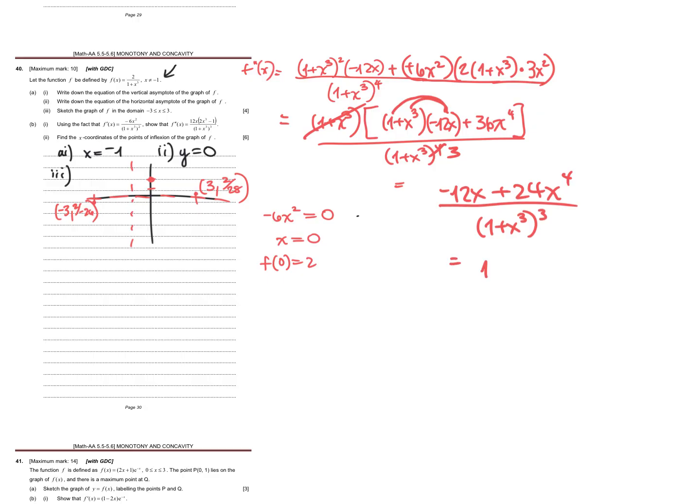So if we factor out a 12x, we're going to have negative 1 plus 2x cubed, and then over that thing.